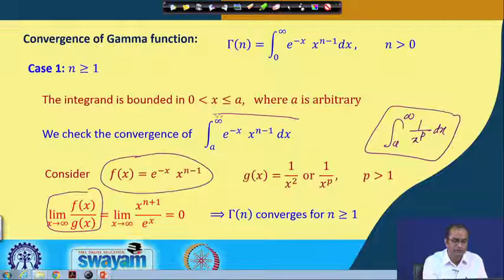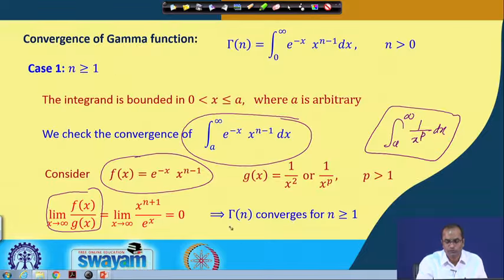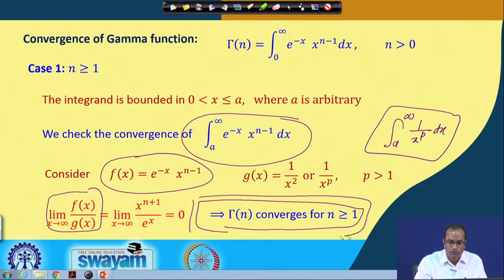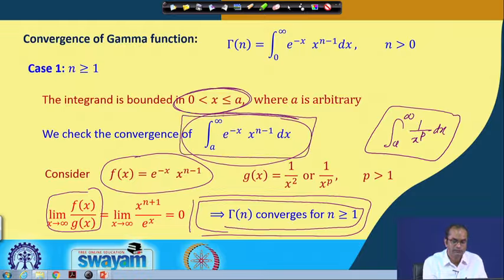That means the gamma n will converge. For this gamma n we had two integrals, one was 0 to a which converges for any arbitrary a, and the second one we have just tested that this integral will also converge whenever we have n greater than or equal to 1. So, in either case we got convergence for n greater than or equal to 1.